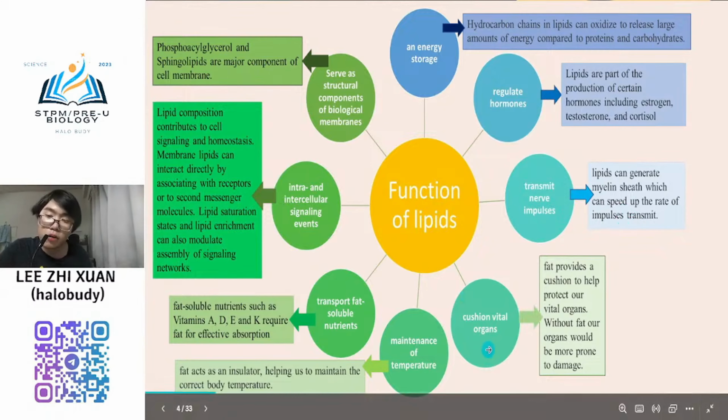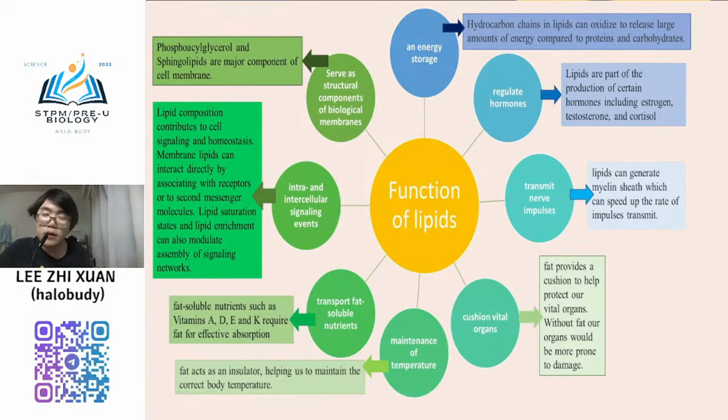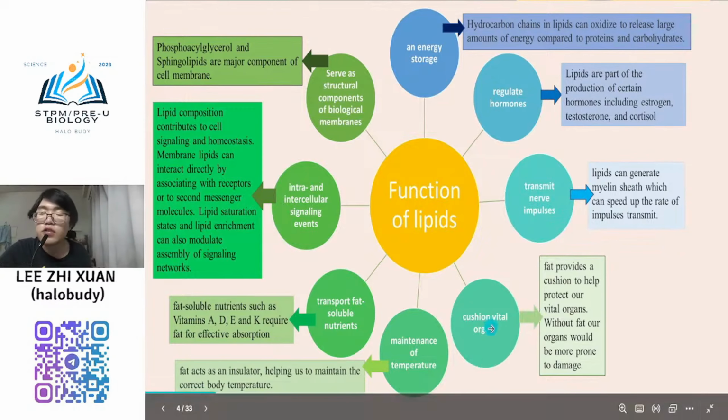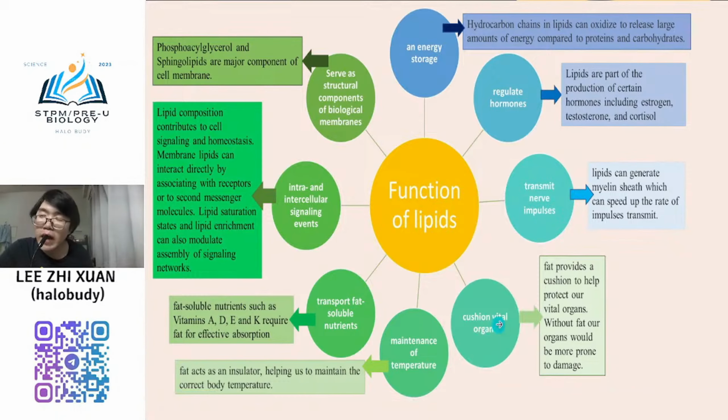Another one is cushioning vital organs. It provides a cushion to help protect our organs. It is simply like a layer to protect our internal organs, especially in our stomach area, because in our stomach area we do not have bone. We only have skin and adipose tissue, which is fat. This fat protects our internal organs, especially the stomach, small intestine, large intestine, pancreas, all that.